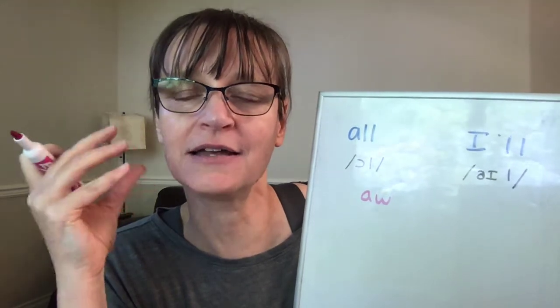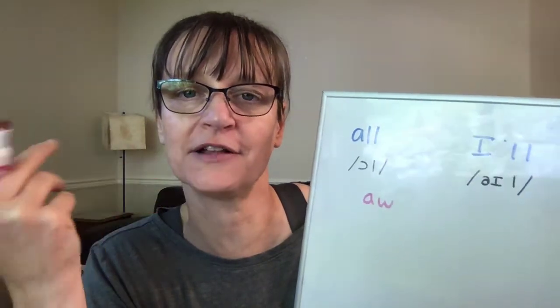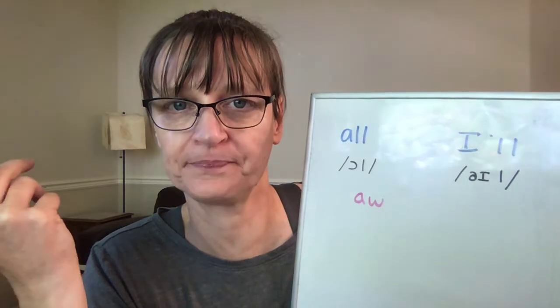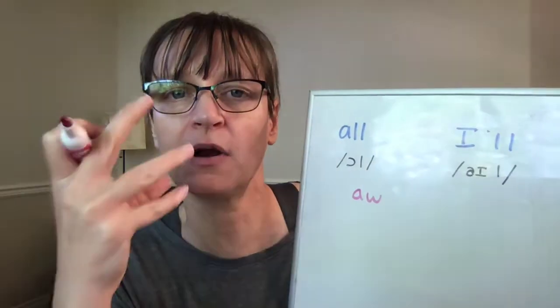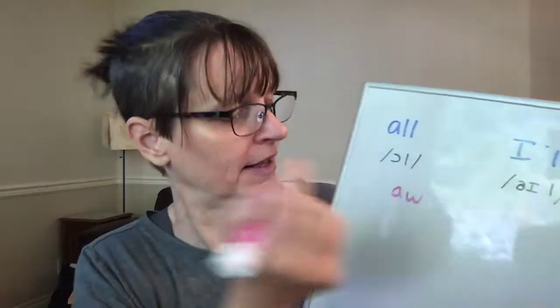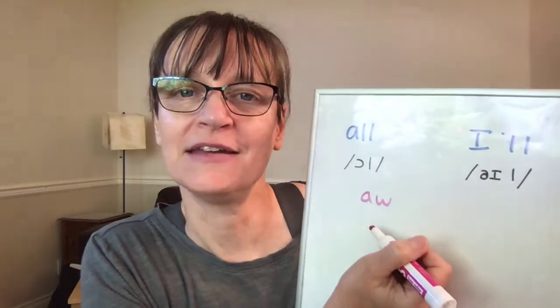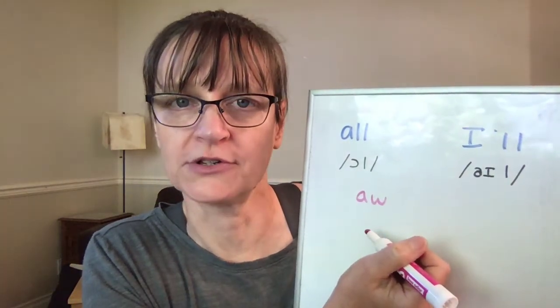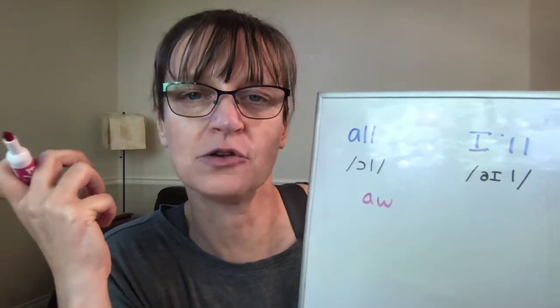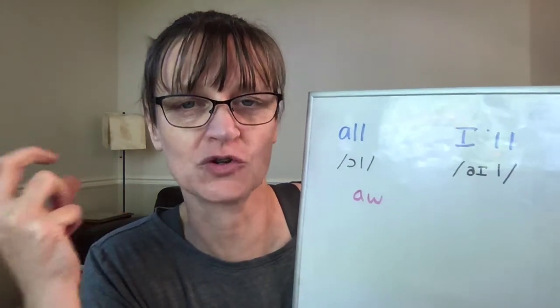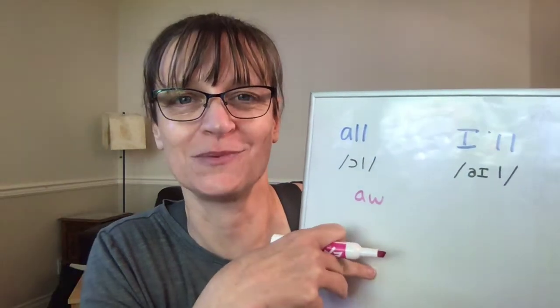Versus ah is an open, unrounded vowel. That's the vowel in words like hot and not. I want to have some rounding when I'm saying all. So I usually write that with the AW, like in the word law or saw, because usually that helps me visualize and think about which vowel sound I should be making.